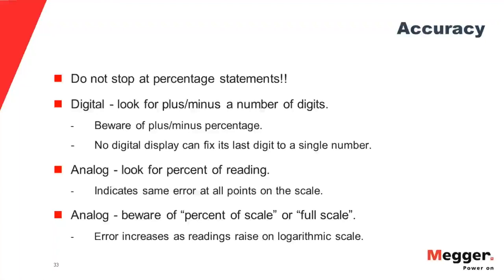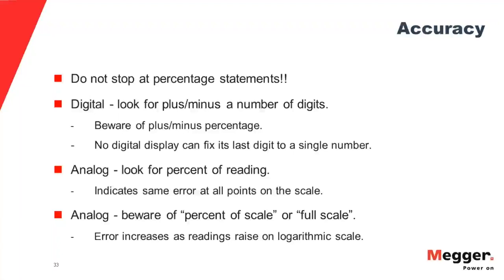It will always jump up and down a little bit, but you don't want it jumping up and down very much. So make sure that your accuracy statement includes the number of digits, because some manufacturers, poorly designed equipment, will omit that because it's not very good. It may be 6 digits. So make sure that you look for that.